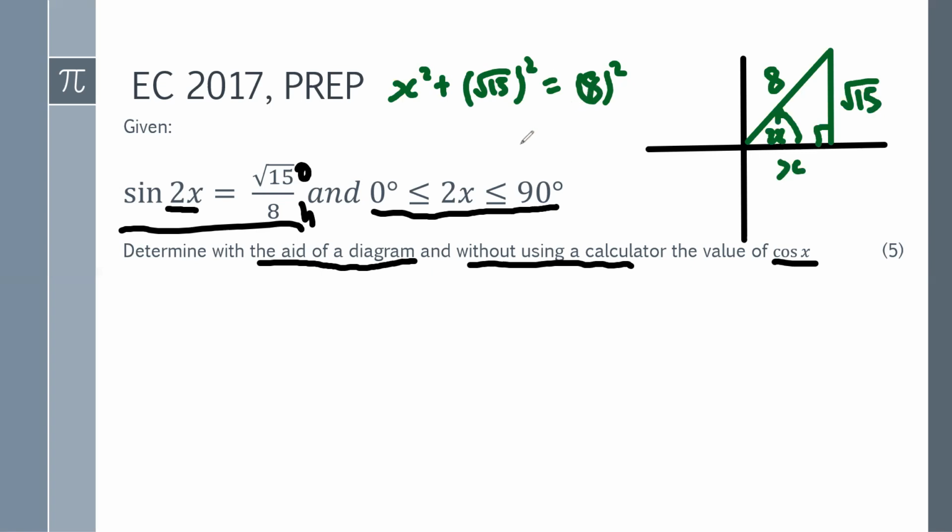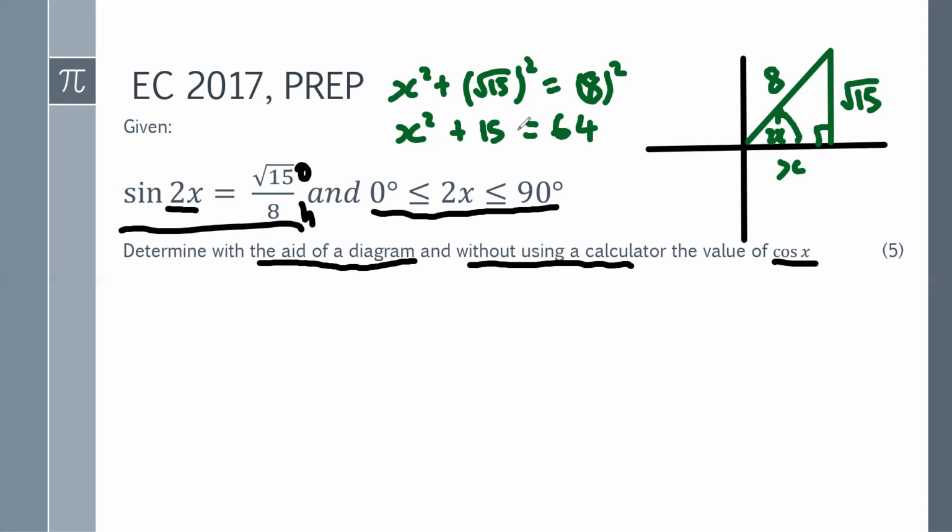So just as a habit, I've made it a principle that I substitute using brackets irrespective of the sign of the number. So this is x squared, that is 15. I know they said do not use a calculator, but I've realized that some folks really battle with this. So you're more than welcome to actually punch that into your calculator, this part on the square root of 15 squared.